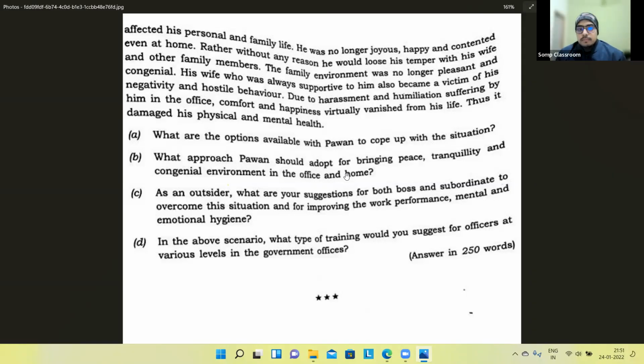Fine. Now, what type of training would you suggest for officers at various levels in government offices? First, training should be sensitive training, where you bond with each other. Sometimes you should allow intermingling of different kinds of officers in formal training setups.